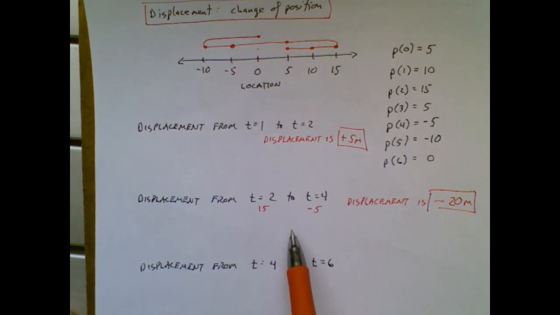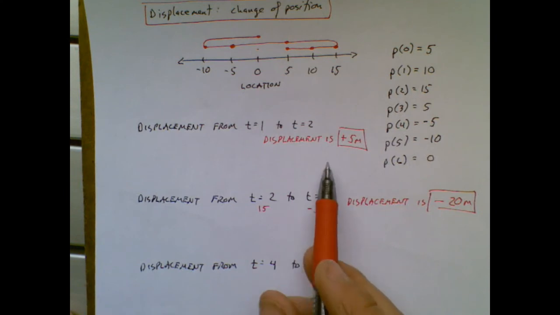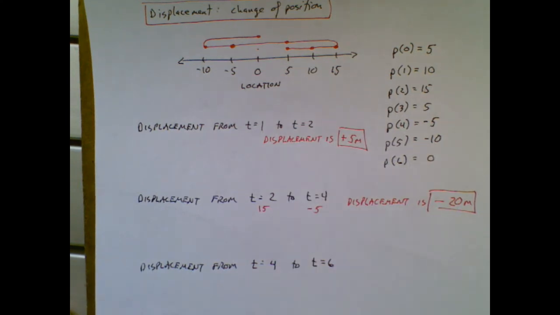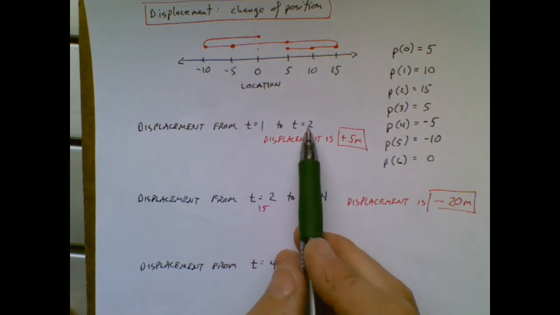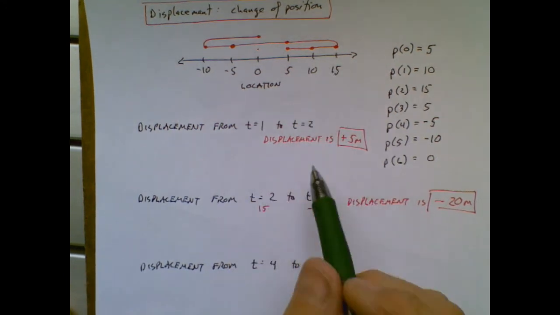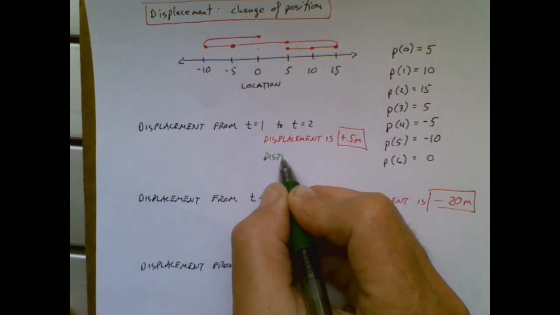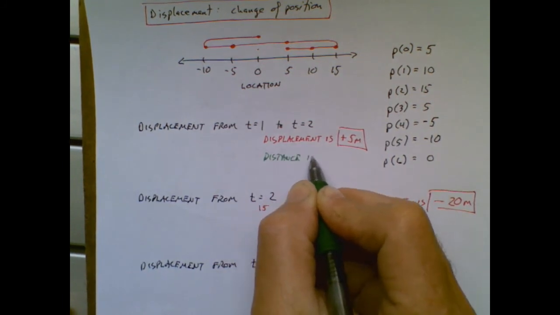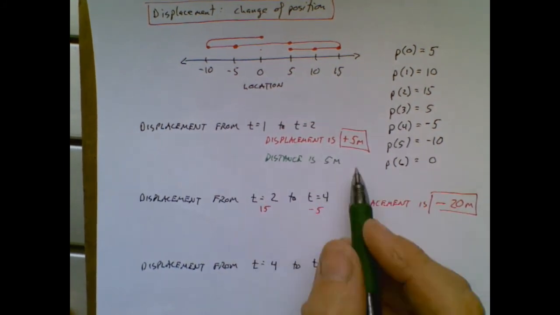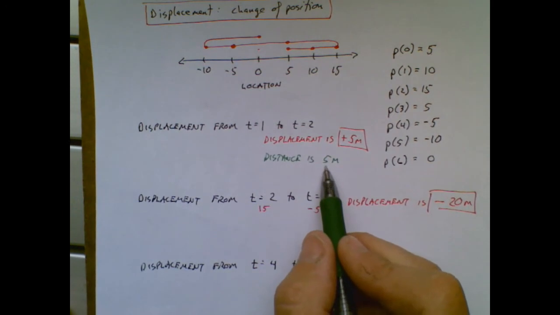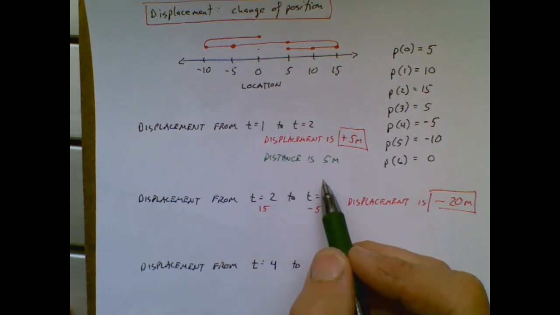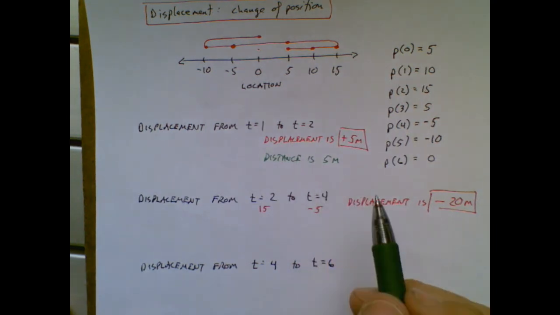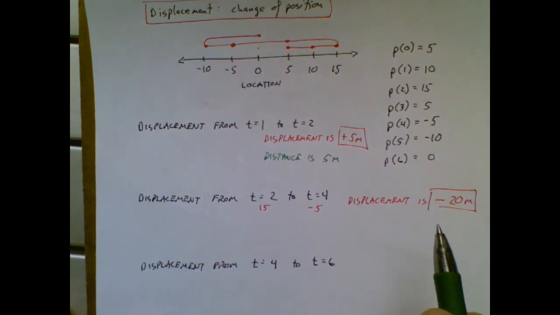Now let's think about this for a second. If I asked for distance, so let's go back to this first one, from time 1 to time 2, it went from 10 to 15. It traveled 5 meters. Distance never has a positive or a negative because you can't have a negative distance. Nobody runs the negative 100-yard dash or the negative 26.2-mile race.